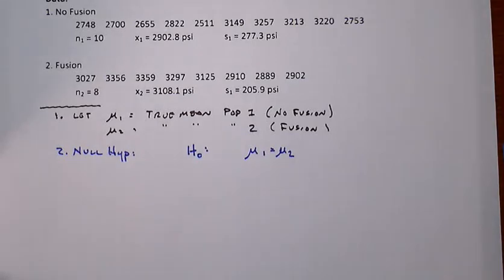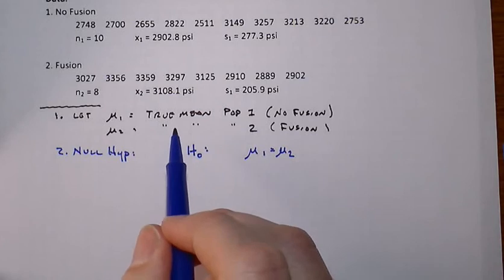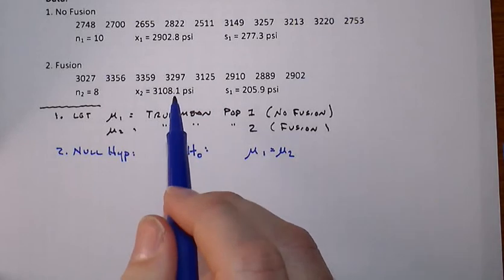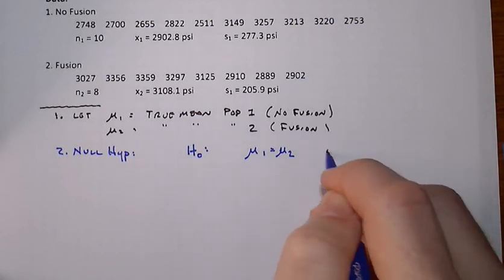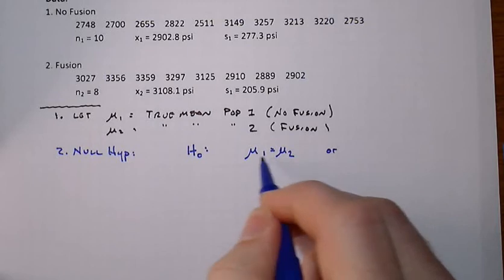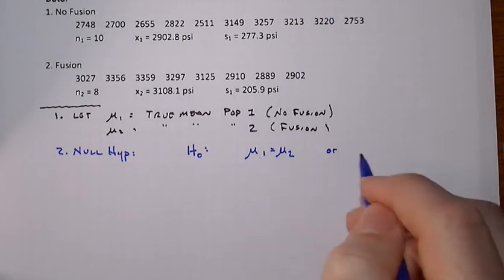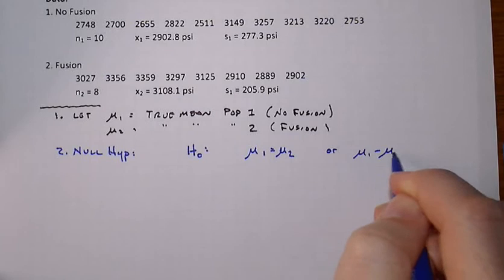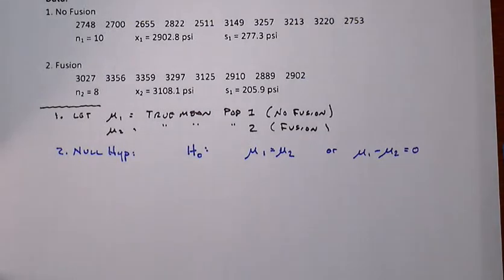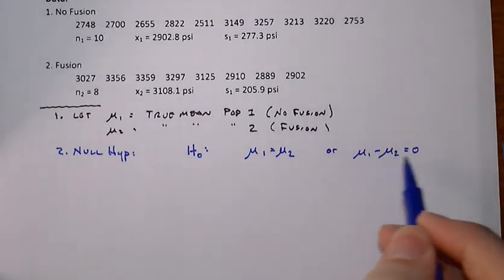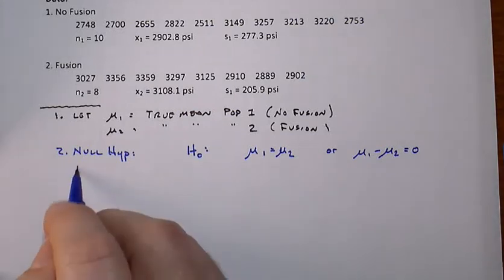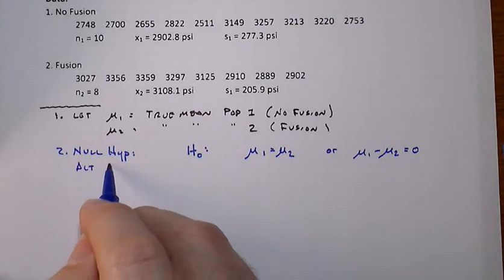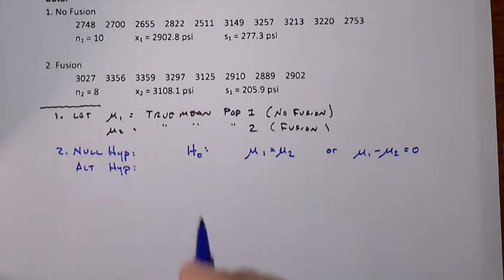Because what we hope is going to happen is that our test data is going to provide credible evidence that the null hypothesis ought to be rejected. Another way to express this, rather than mu1 equals mu2, is that the difference between the two means is 0. It's this form that's going to be easier to work with when we get into the actual calculations and pulling out values from tables, that sort of thing.